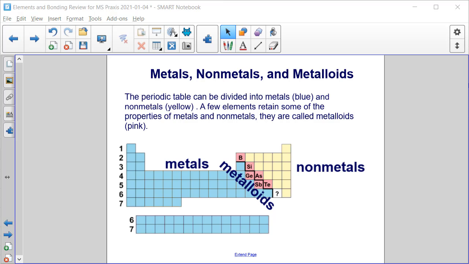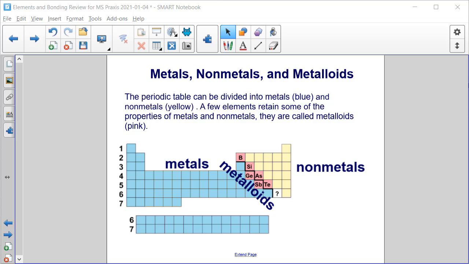One of the ways that the periodic table can be divided is into metals, nonmetals, and metalloids. In the image that you see, the metals are on the left side of the periodic table in blue, and they take up most of the periodic table. The nonmetals are found in the upper right-hand corner and are shown here in yellow.